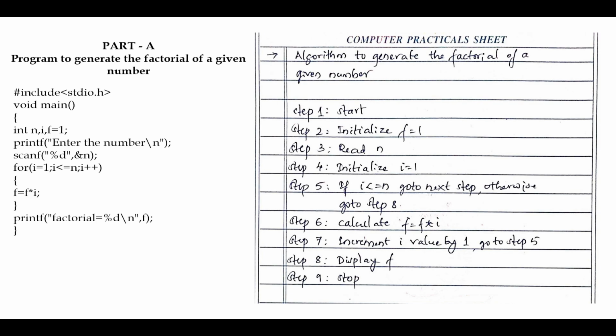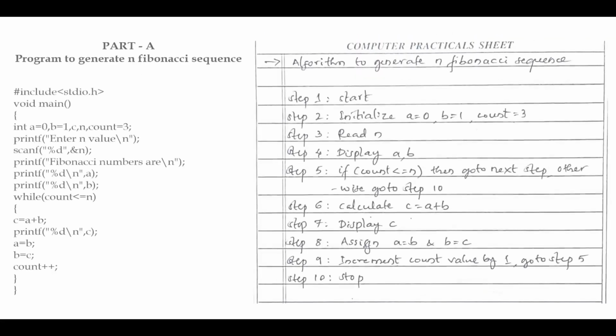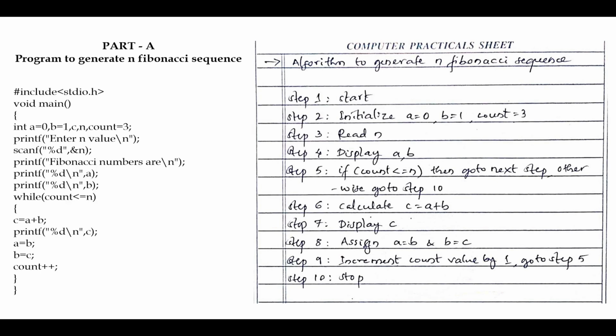Now we will move to the next program, that is a program to generate n Fibonacci sequence. We are going to print the Fibonacci numbers starting from 0, 1. That's why we have initialized a equal to 0 and b equal to 1, and there is a variable called cn, with count equal to 3.